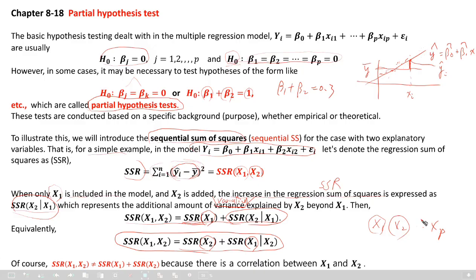But anyway, you can imagine there is a correlation between x1 and x2. So SSR x1 x2 is not equal to SSR x1 plus SSR x2. Usually, this inequality holds. Anyway, next.